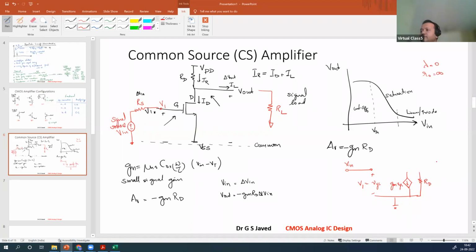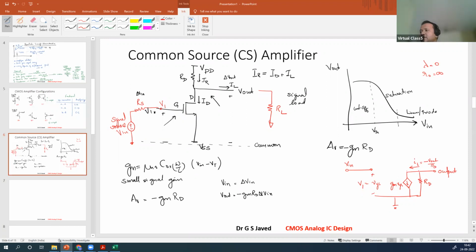This is RD. And here you will have the output taken here. Now, what is the current looking into the circuit here? The current from the load will be minus V out by RD. That is the current that is going into this node.